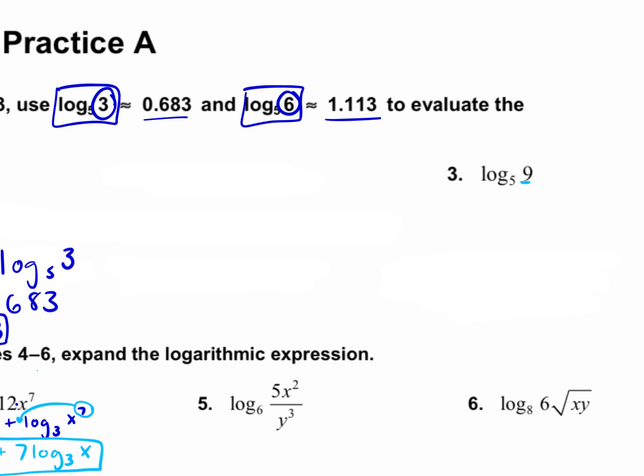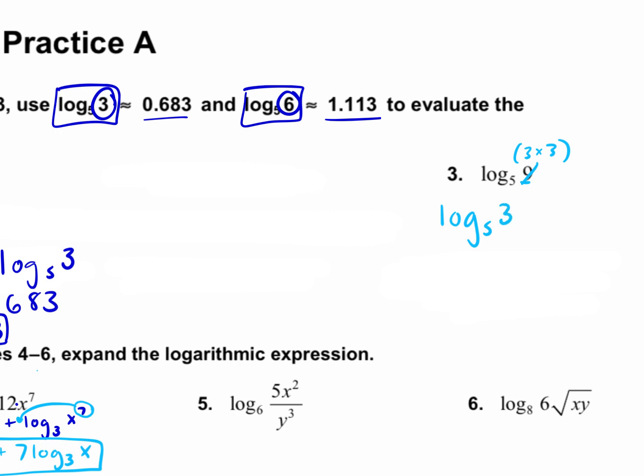Awesome, so we're going to change 9, you're saying, to be 3 times 3. And then, how can we break up the log with multiplication? Oh, I don't know that. I did it differently. What goes with multiplication? Addition.